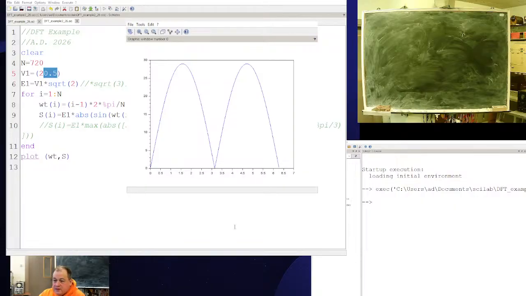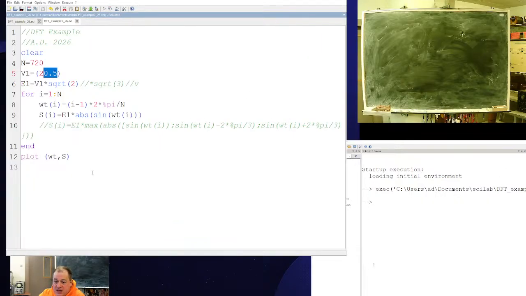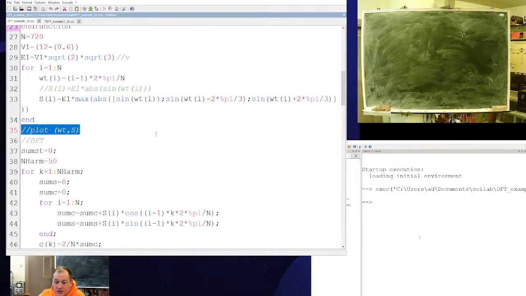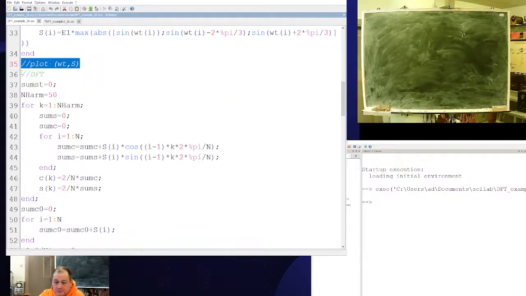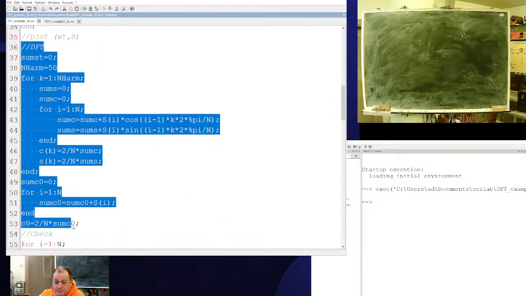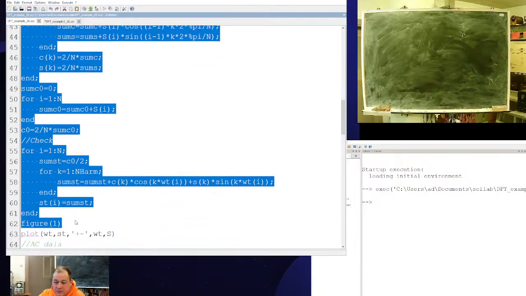Something familiar? Yeah, the voltage we saw. Now, next step. I have this nice voltage. My next step, I need to perform the Fourier transform. I will copy this part from previous me.